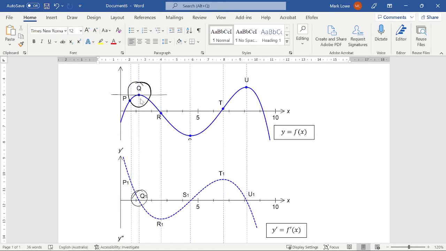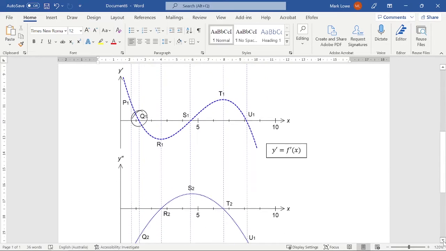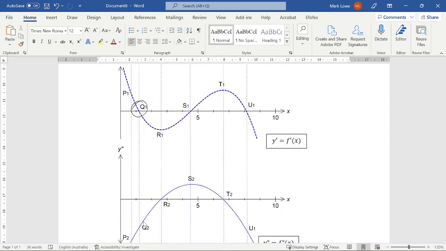Those dotted vertical lines show the relationship between the three graphs: your original function, your first derivative, and your second derivative. So where we have that local maximum on our original function, that corresponds to a value of 0 for our first derivative. And if we go down further, we can see that it will correspond to a negative value on our second derivative, because it's below the x-axis.